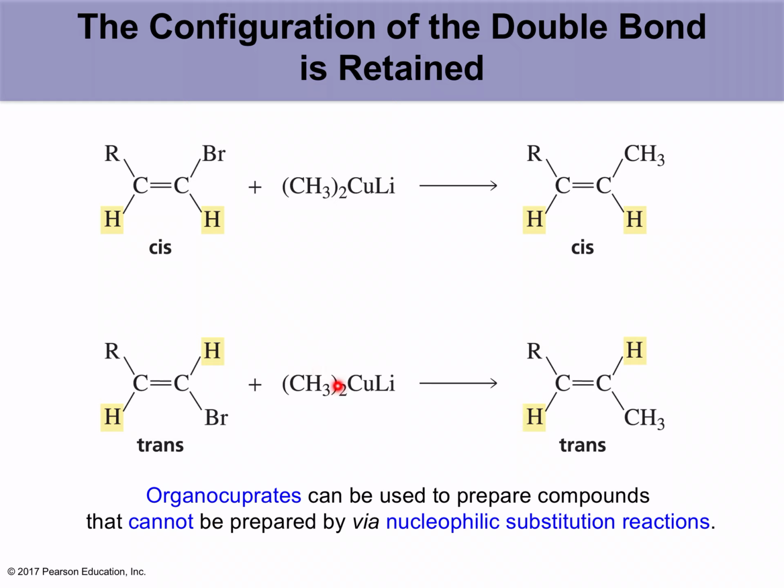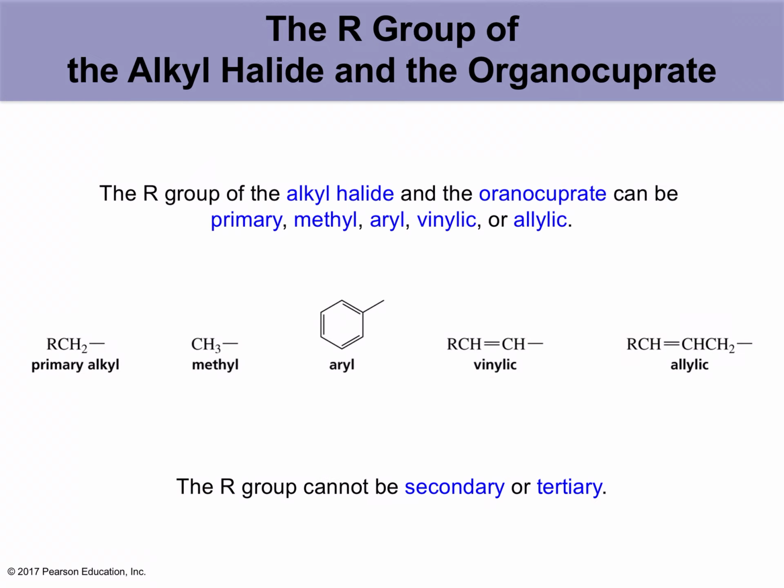So this alkyl group and this alkyl group, okay? The alkyl group of the alkyl halide and the organocuprate can be a primary group, a methyl group, aryl group, vinylic group, or allylic group. So these are examples of those.